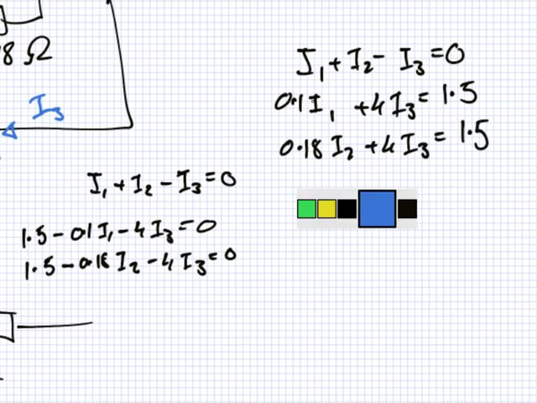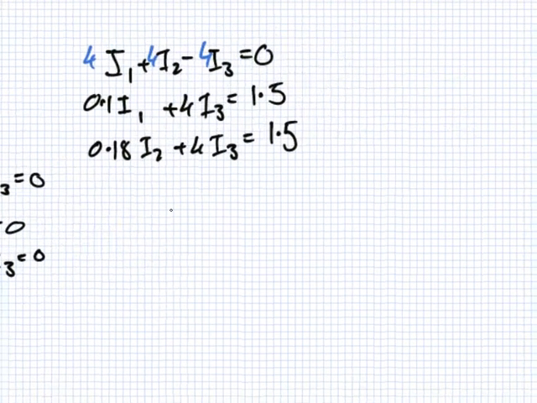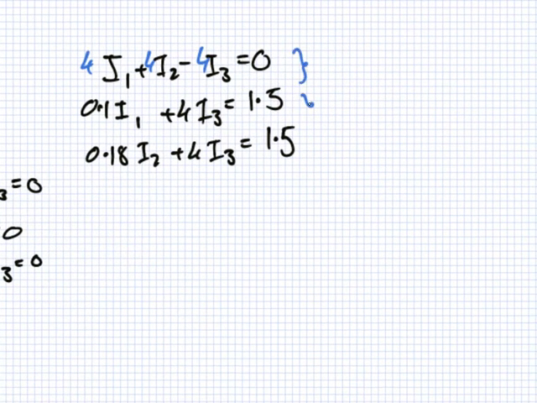I should multiply the first one by 4, shouldn't I? And then what I can do is I can minus these. So if I minus the top two, 3.9 I1. Why minus? Thank you, my friend. 4.1 I1 plus 4 I2 equals 1.5.